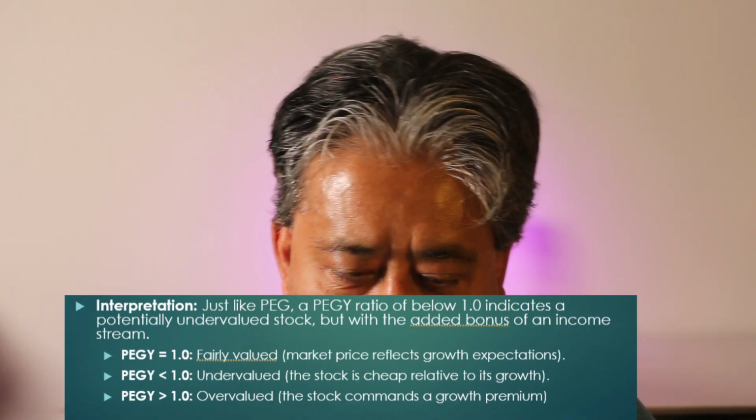So we should look into undervalued stocks. Basically, this is how it works. This is how the PEGY ratio is used: PE ratio divided by the growth and the dividend, and here's the calculation I just showed you 2 minutes ago.